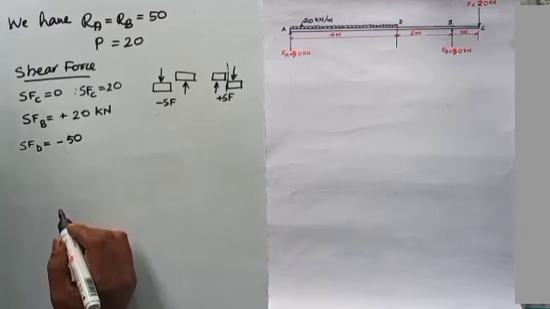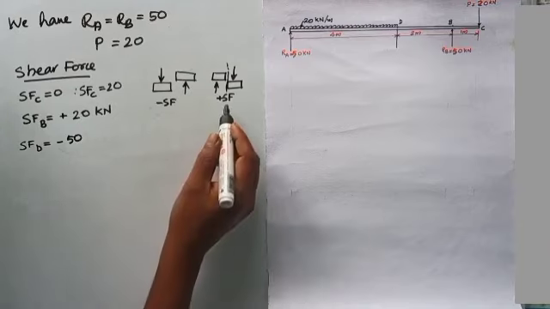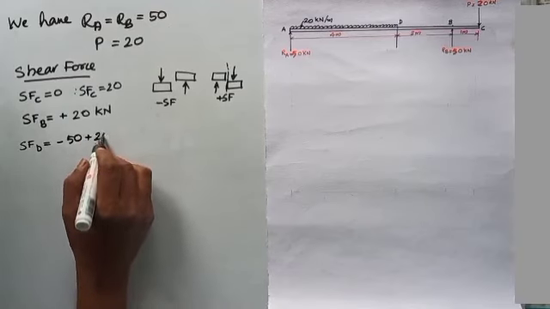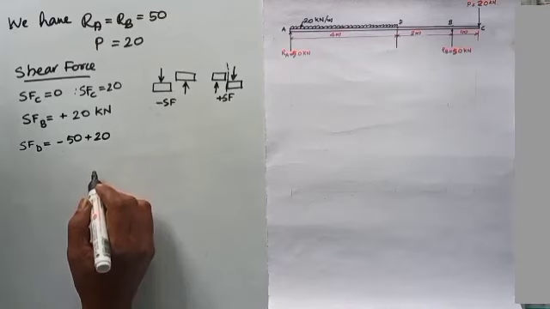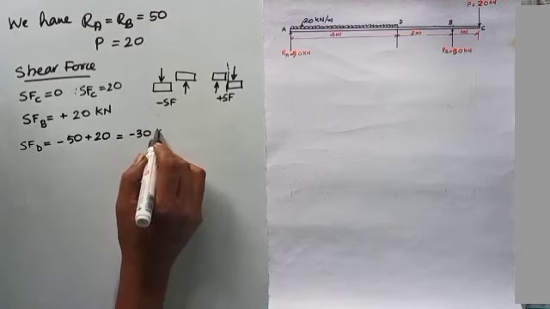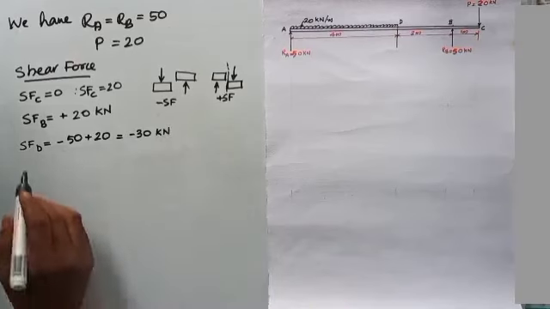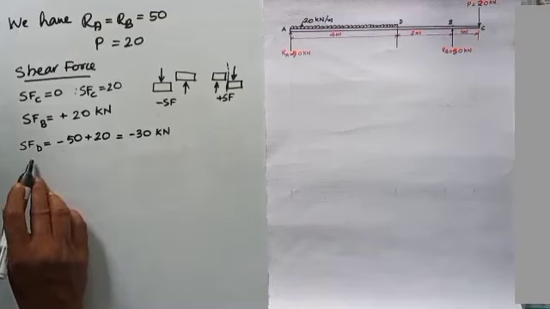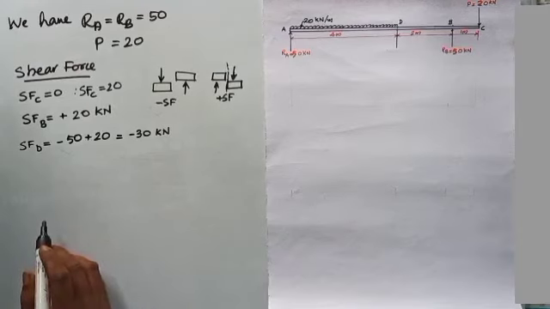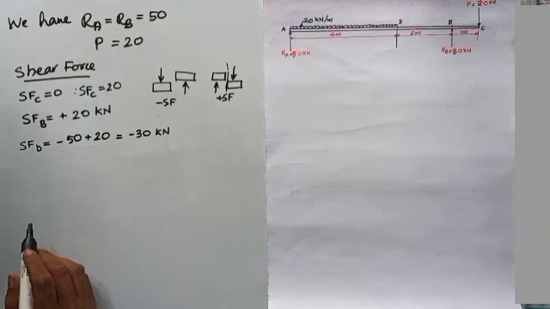Next load is P, acting downwards in the right side, positive, plus 20. Therefore shear force at D will be equal to minus 30 kilonewton, and from B to D, the shear force value will be minus 30 only.